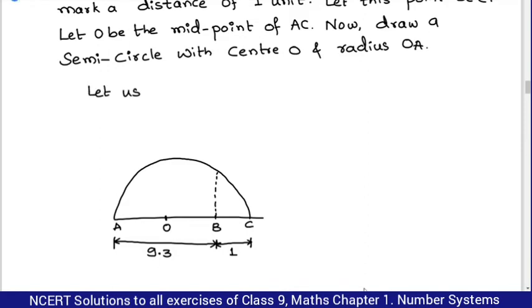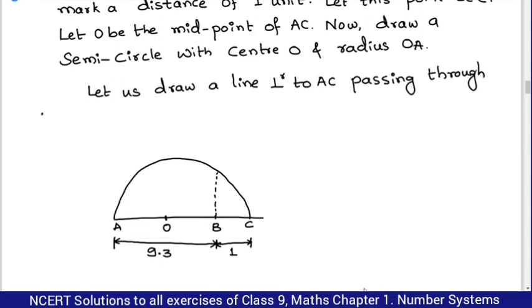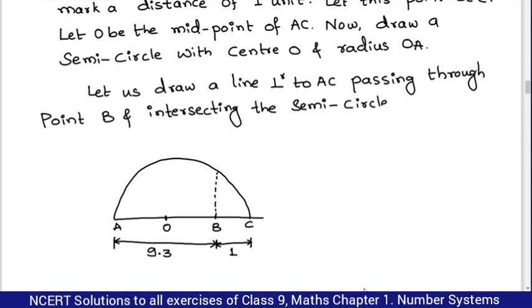Let us draw a line perpendicular to AC passing through point B and intersecting the semicircle at point D.